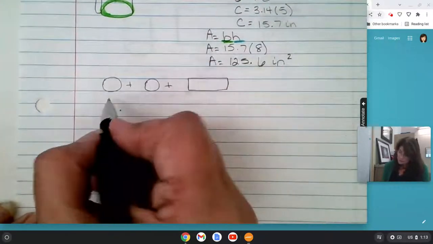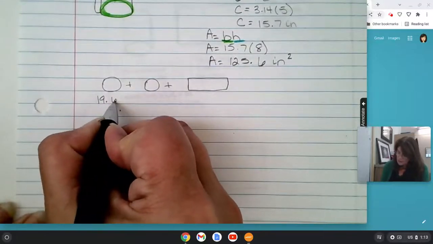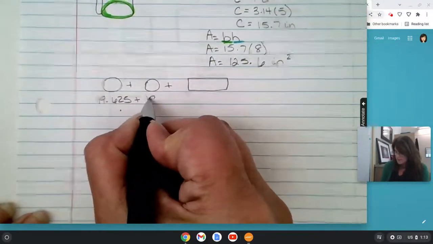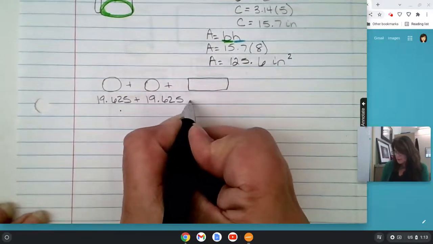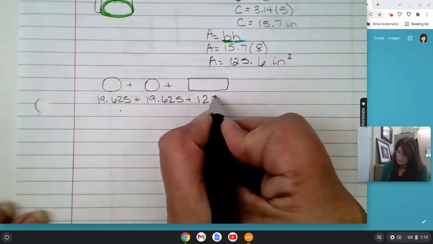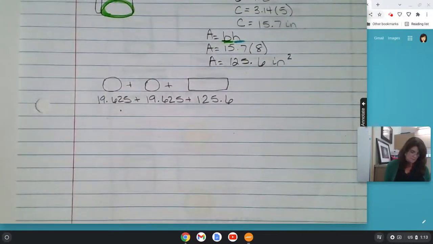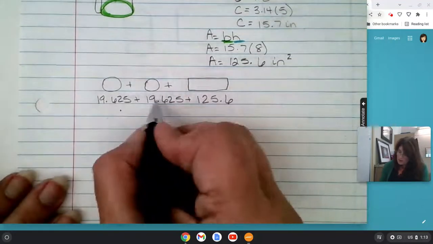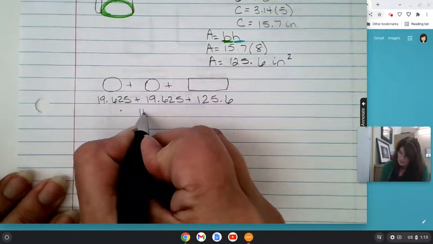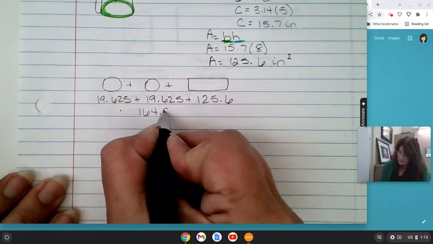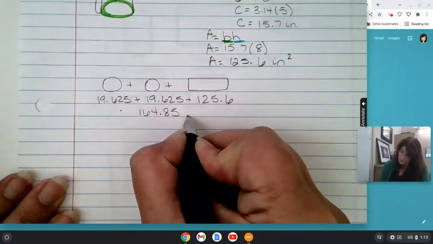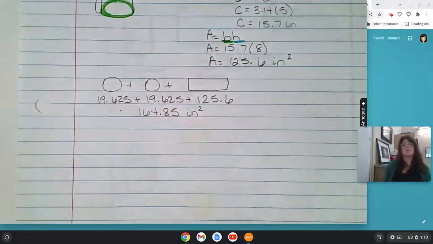We have 19.625 plus 19.625 plus 125.6, which equals 164.85 square inches.